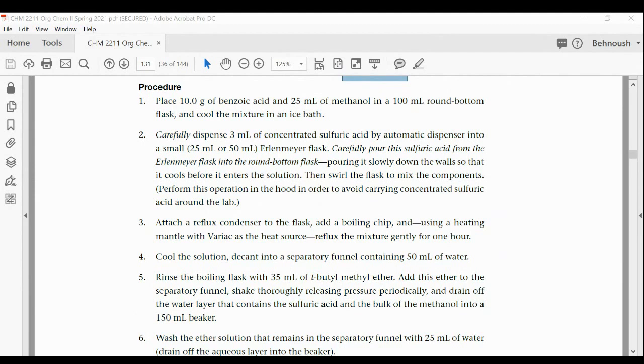Or what extracting solvent is used in this? T-butyl methyl ether is used. Okay. And can you use alcohol as extracting solvent, like methanol or ethanol specifically?